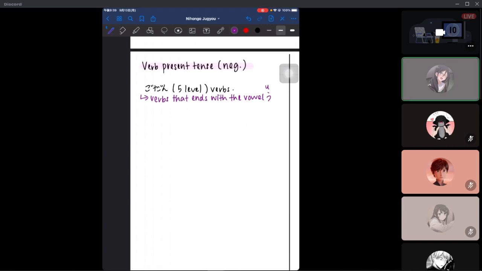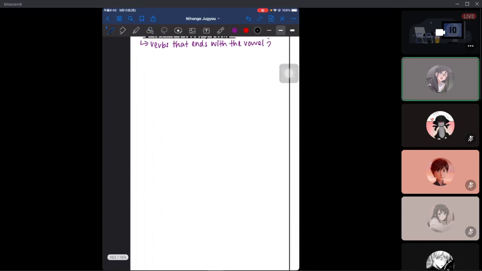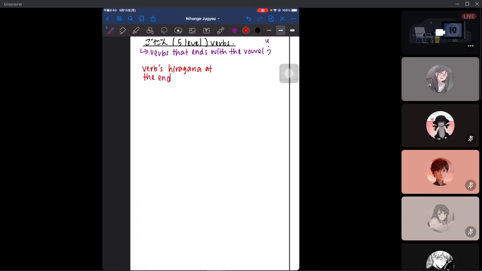So the way to conjugate the five-level verb, which is Godan, is basically what you have to do is you take the hiragana at the end, and then you change it to the A vowel.